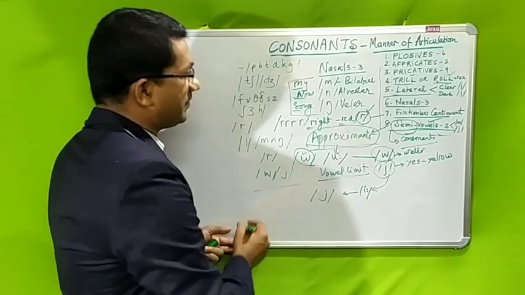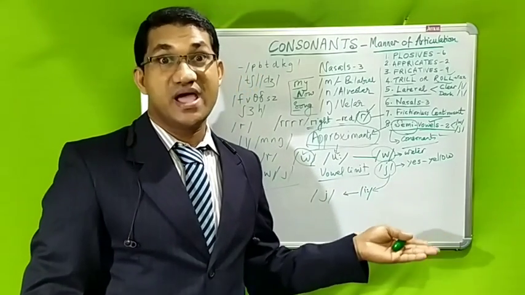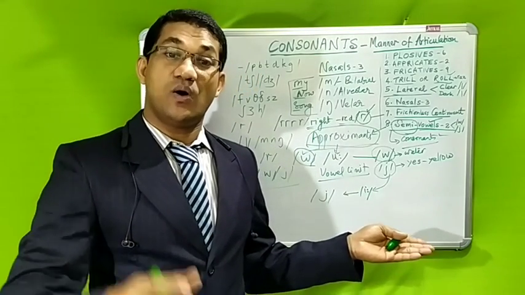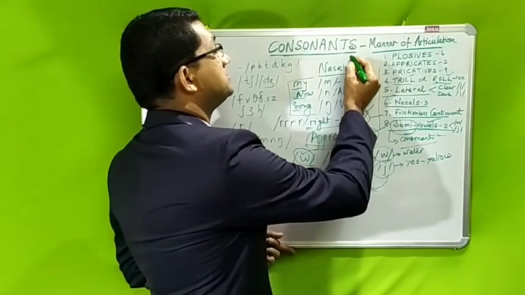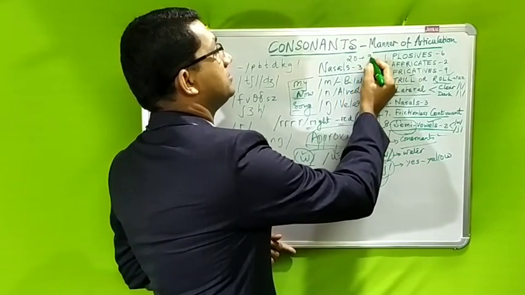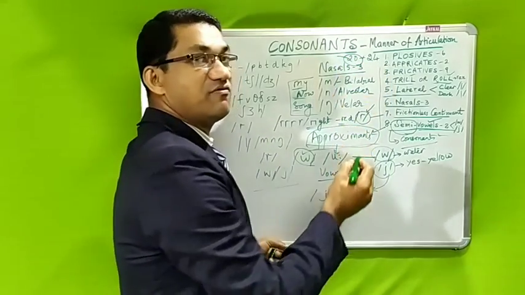So we have studied the classification of consonants, and next day we discuss all the consonants of RP. You know that we have 20 vowel sounds and 24 consonants, and we went for a 4-term label for the vowels.